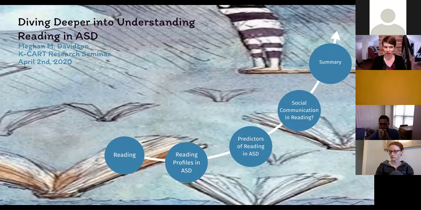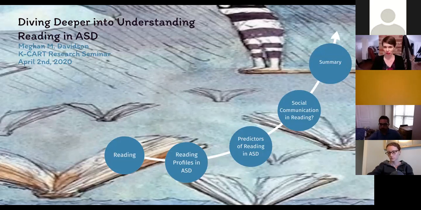So I titled the talk Diving Deeper into Understanding Reading in ASD because we've had a general notion that children with autism have difficulties with reading comprehension for a long time, and yet I still don't think we can completely understand why so many children have difficulty in this area.